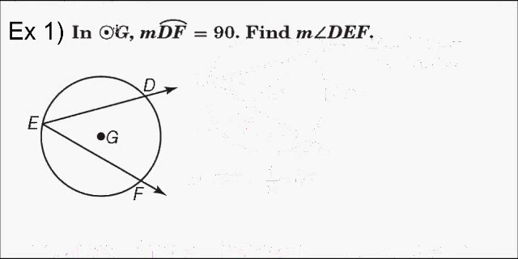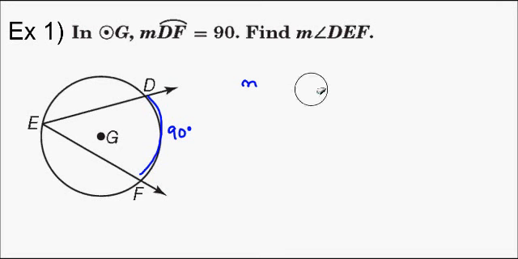Okay. In circle G, the measure of arc DF equals 90. So my intercepted arc is 90 degrees. Find the measure of DEF. Okay, so I know that the measure of the inscribed angle is half of the intercepted arc.